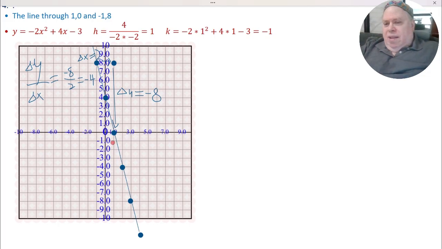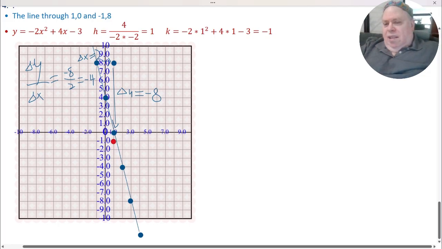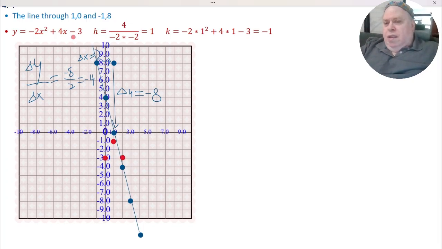So let's go to minus 1, minus 1. Same thing, over 1, down 2. I noticed because this should have a y-intercept of minus 3, and now it does. Over 2, down 8. And now I drew the quadratic through those points.